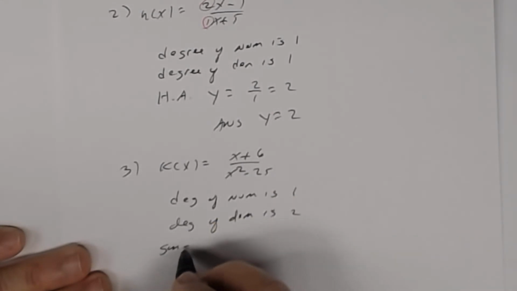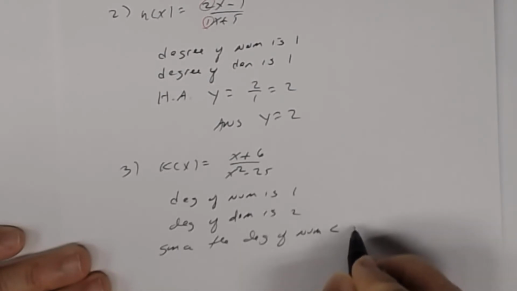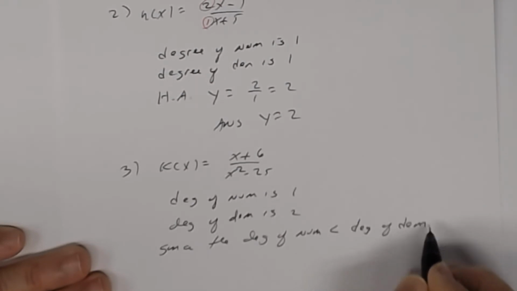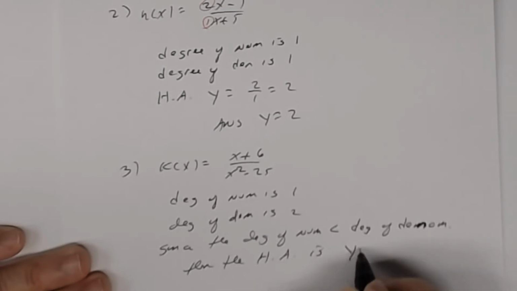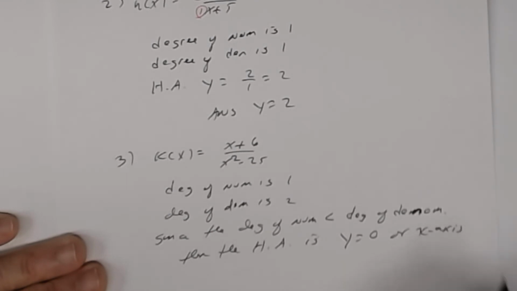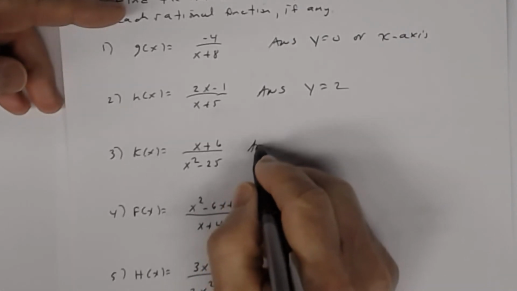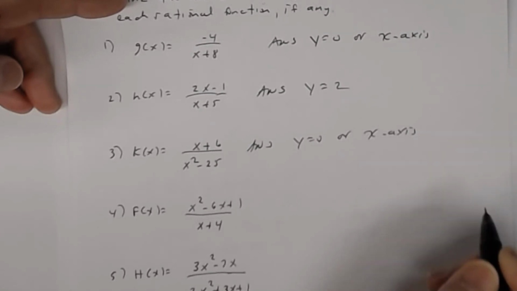Since the degree of the numerator is less than the degree of the denominator, then the horizontal asymptote will be y equal 0 or the x-axis. All right, so the answer for number 3 is y equals 0, same thing as the x-axis.